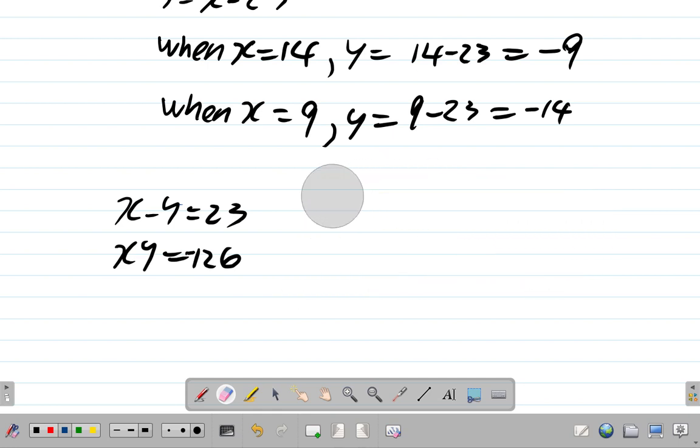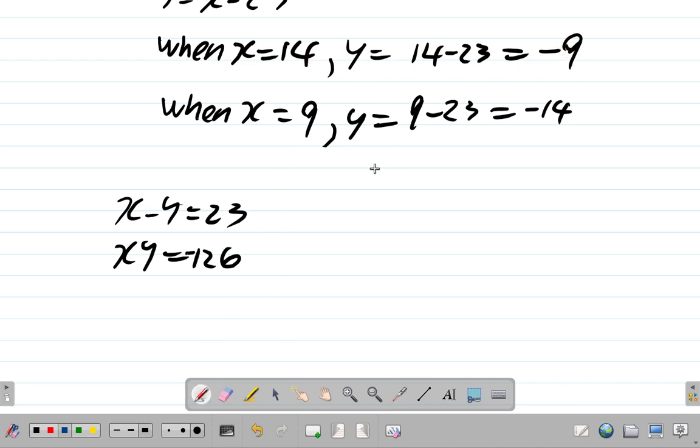Now notice that you mustn't mix them up. This x accompanies this y up here, right? The x here, the 14, accompanies y, which is negative 9. Both of these go together.